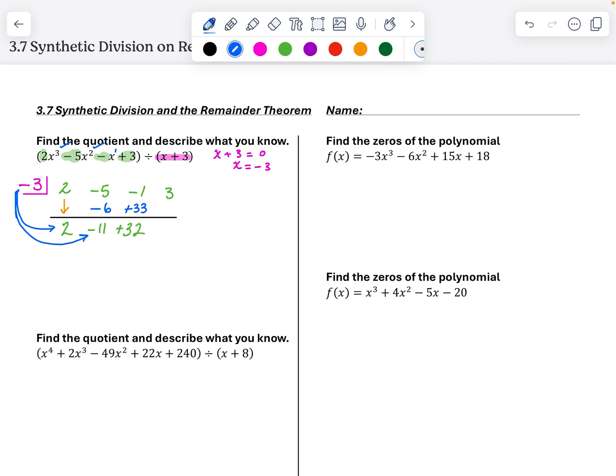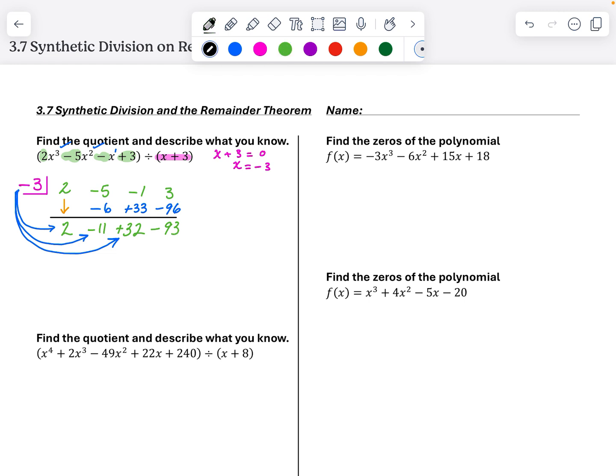We're going to multiply negative 3 times 32. If we take negative 3 times 32, we get negative 96. And then we're going to add. And negative 3 minus 96 is negative 99. Whoops, wrong color. Negative 93.